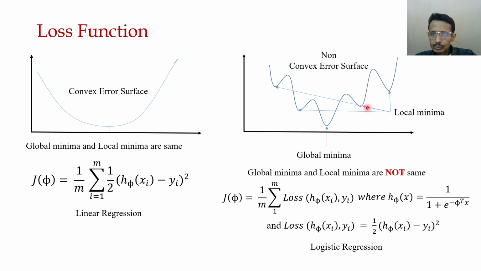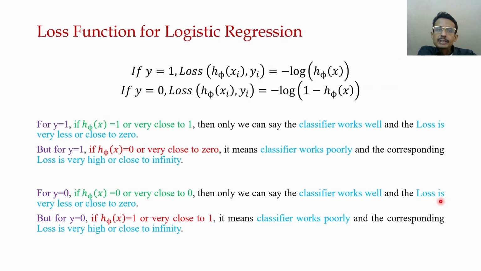So what we have to do is change this loss function in such a way that we can get a convex function. To get rid of this problem, we define the loss function of logistic regression in a different way.